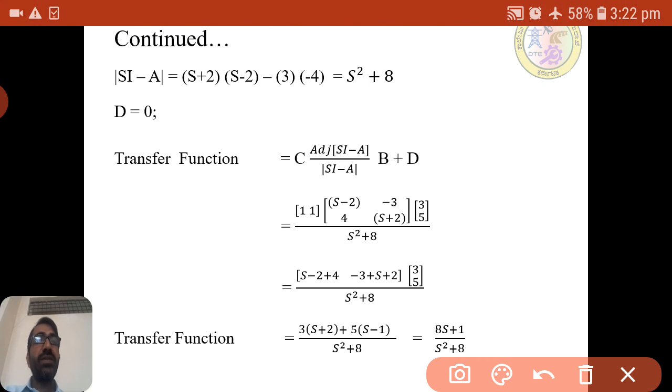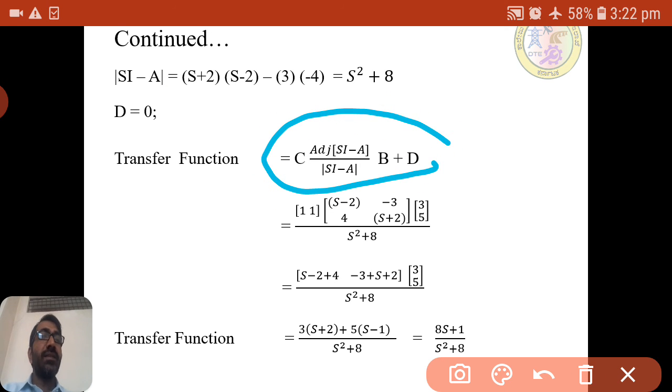So now once we find out the adjoint of SI minus A, then we need to find out the determinant of the SI minus A, that is S plus 2 into S minus 2 minus of 3 into minus 4, that will be S square plus 8. So we know that D term is 0. So the transfer function can be given by C into adjoint of SI minus A divided by the determinant of SI minus A into B plus D, okay.